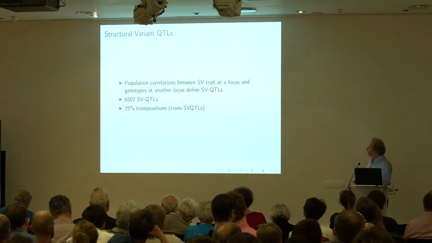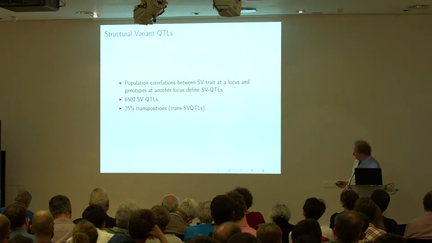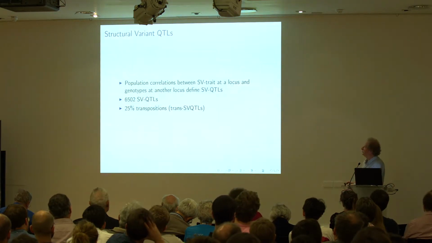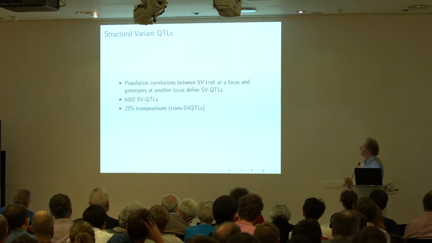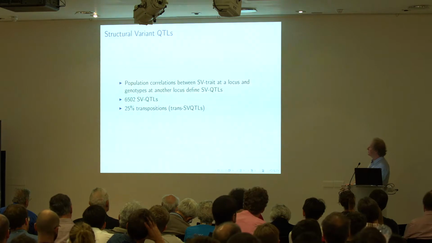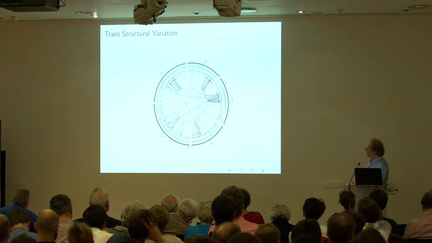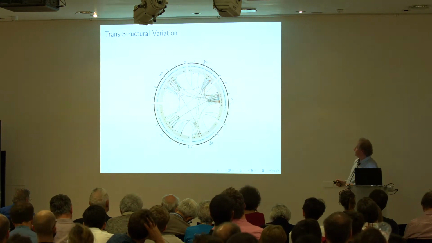If you do this in that population of Arabidopsis, you get about 6,500 distinct SVQTLs, and about a quarter of those are transpositions. So it's quite a high fraction. This is just a subset of them.